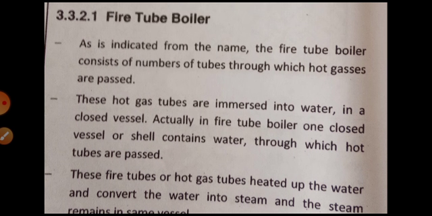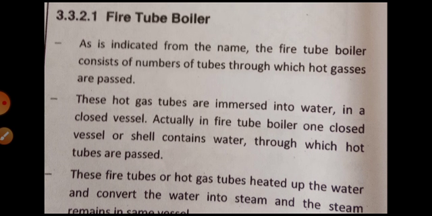As indicated by the name, the fire tube boiler consists of a number of tubes through which hot gases are passed. That means there are hot gases in the tubes, and surrounding the tubes there is water.